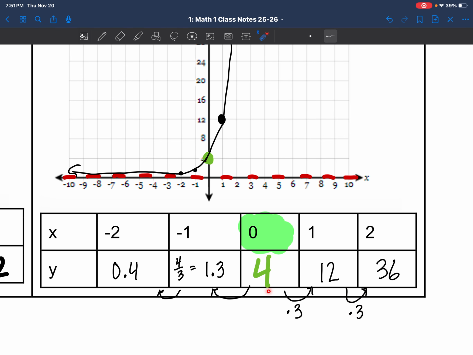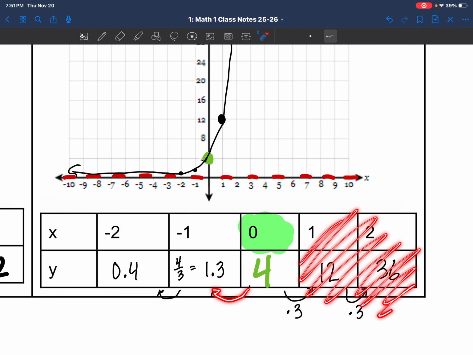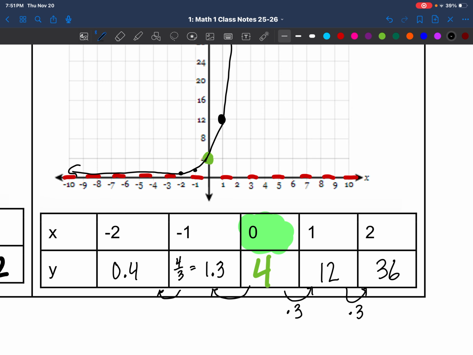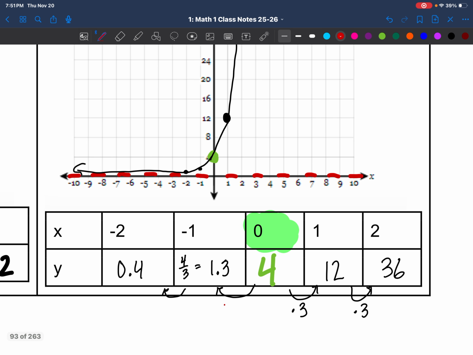All right, so we got 4, 12, 36. Now we're going to ignore these for a second and we're going to go backwards. Since we're going backwards, if we are multiplying by 3, you're going to multiply by the reciprocal, which would be times 1/3, which I said is the same as if you're dividing by 3.